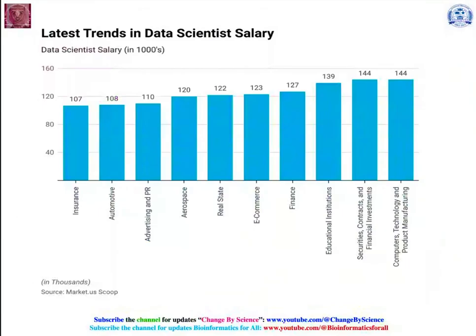And then what is the latest trend in data scientist salary? It is huge. This is, of course, for the American salary system, but in India, it is also a highly paid job. So in the USA, it ranges from basically 100,000 to 144,000 per annum.